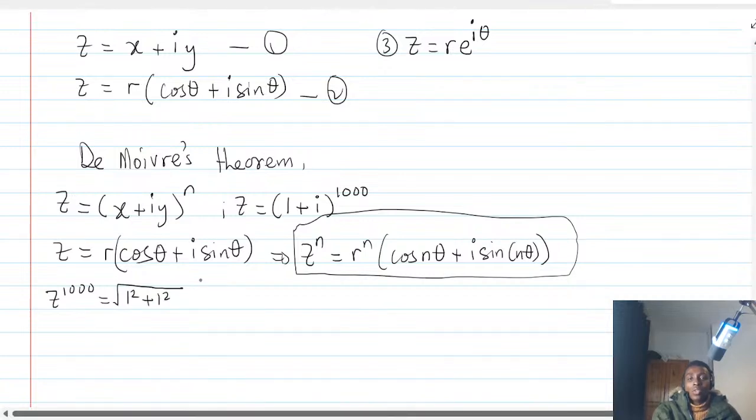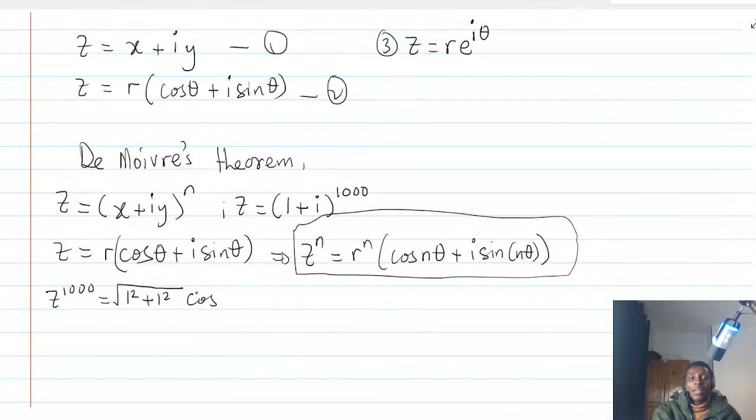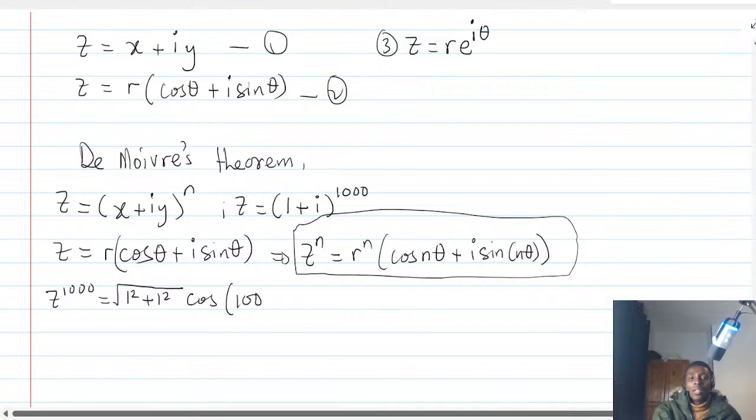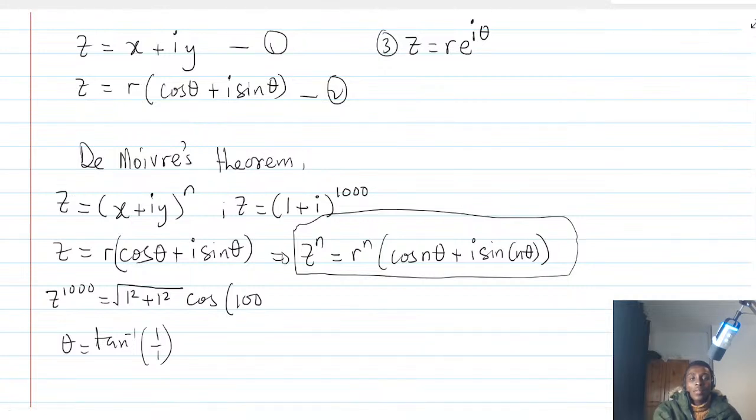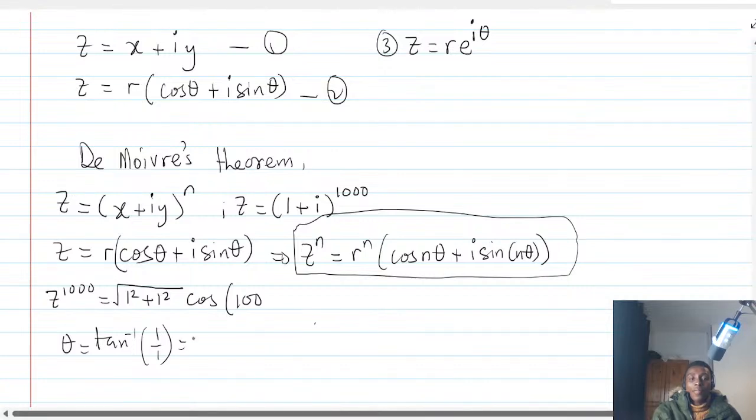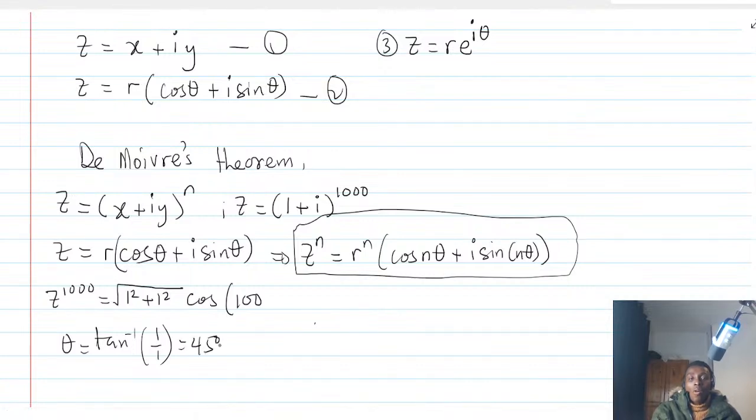Then we need to get the argument, which is the tan inverse of 1 over 1, which is tan inverse of 1, which is 45 degrees or pi over 4.